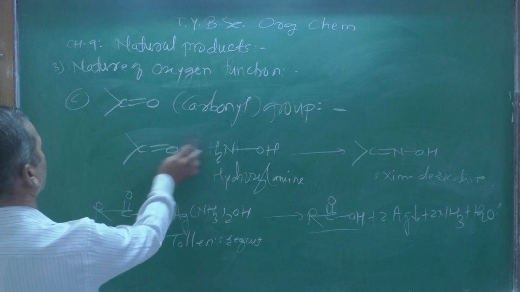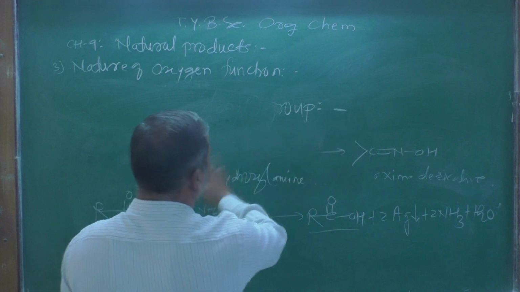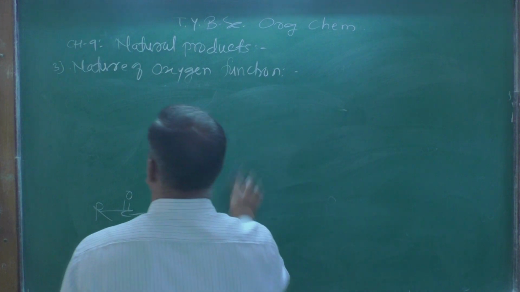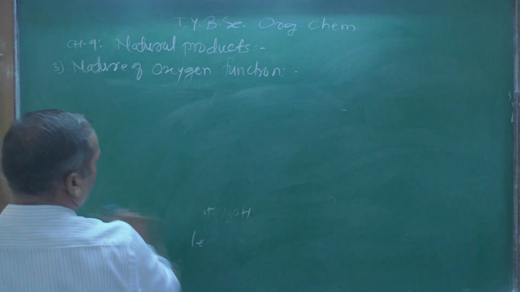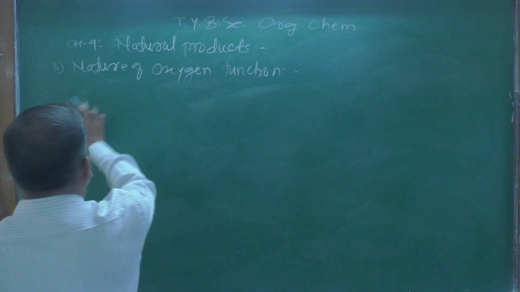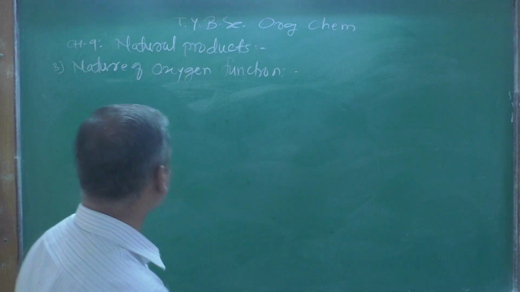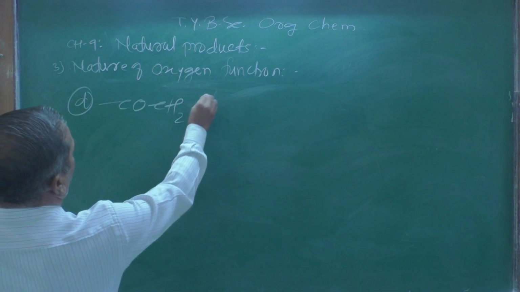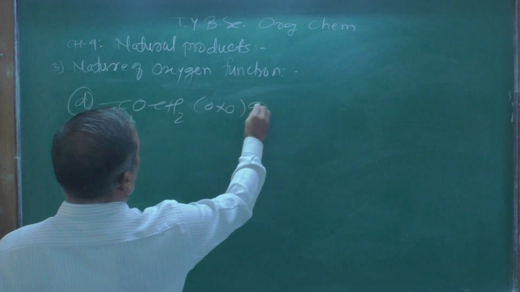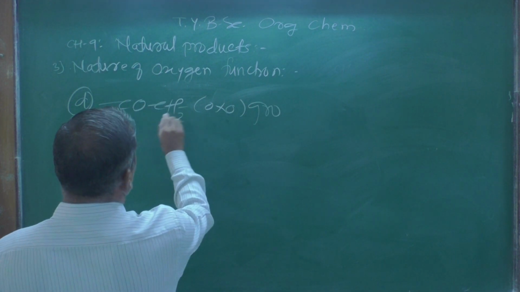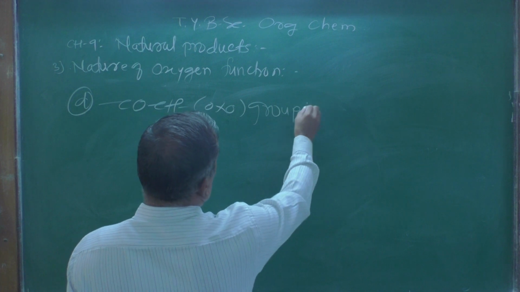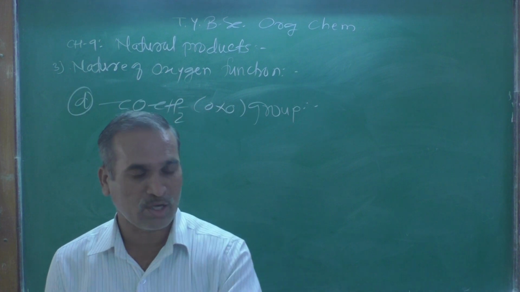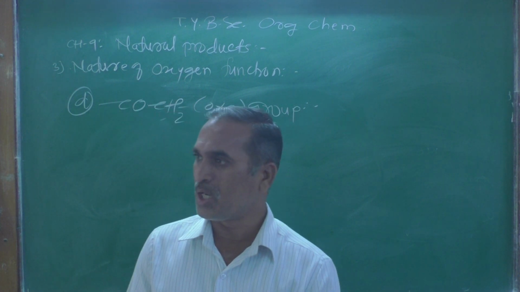Now let us see another nature of oxygen function, because we are discussing the nature of the oxygen function. The fourth one is CO and CH2, that is the oxo group, right? In the COCH2 group, a reactive methylene group is present. How will you detect or identify whether this COCH2 oxo group is present in the alkaloid?